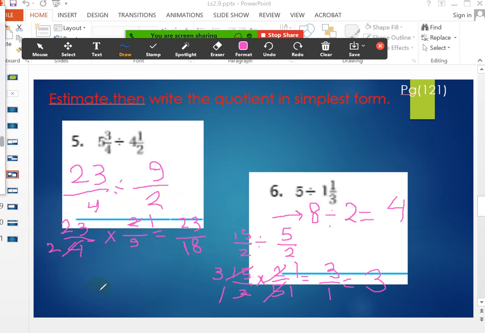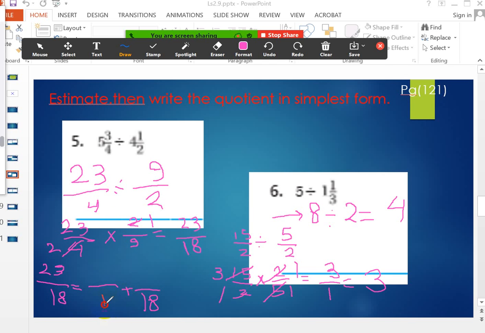I want to simplify the answer 23 over 18 and write it in simplest form because the numerator is greater than the denominator. Let's see, girls. 23 over 18. So I will break the numerator into two fractions with the same denominator.